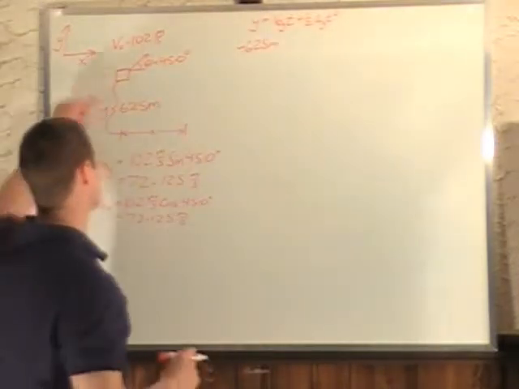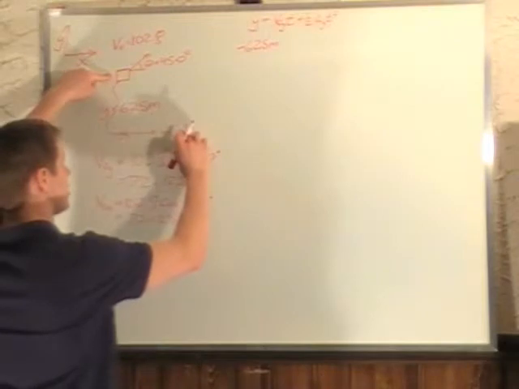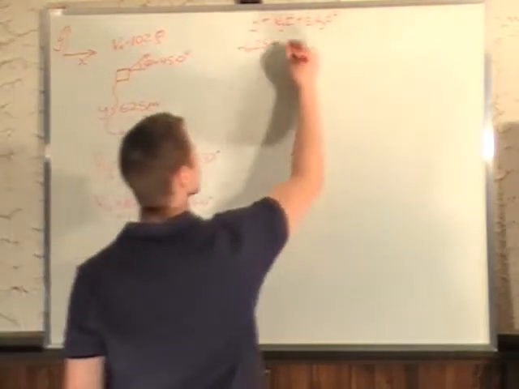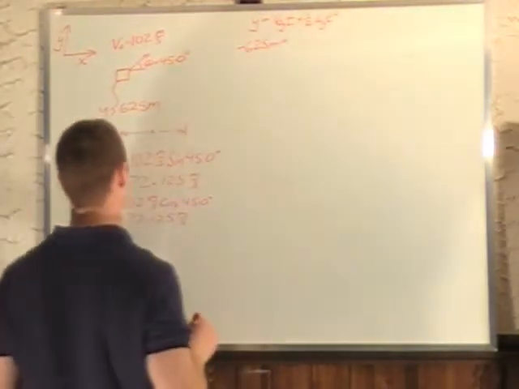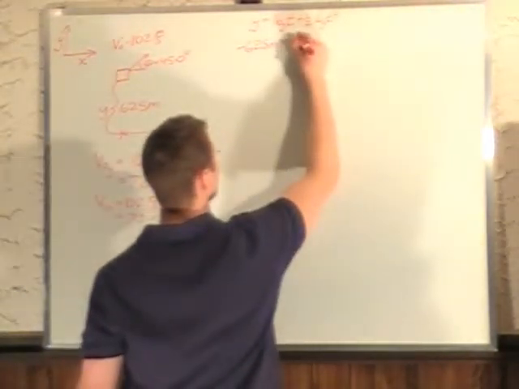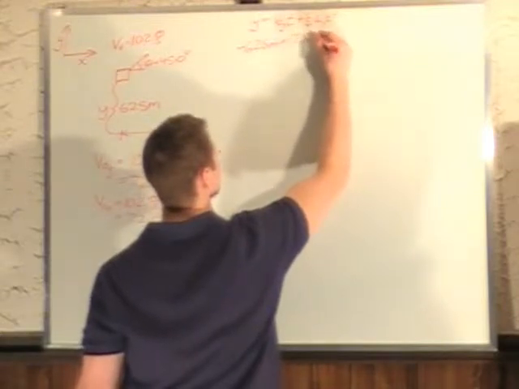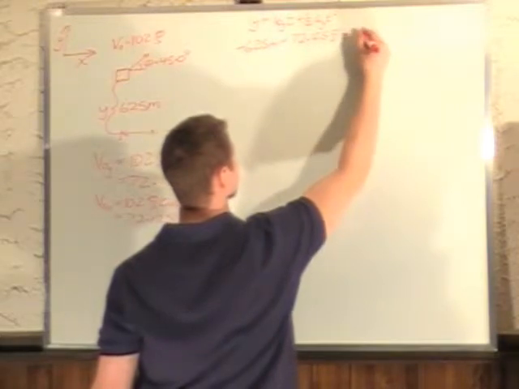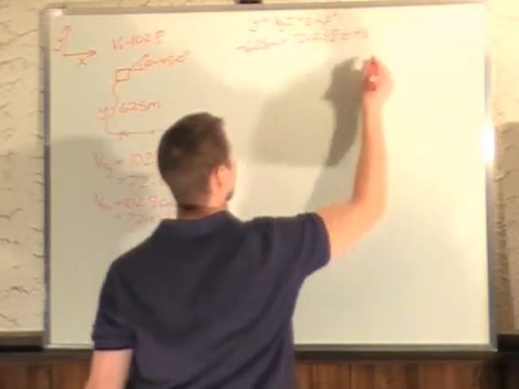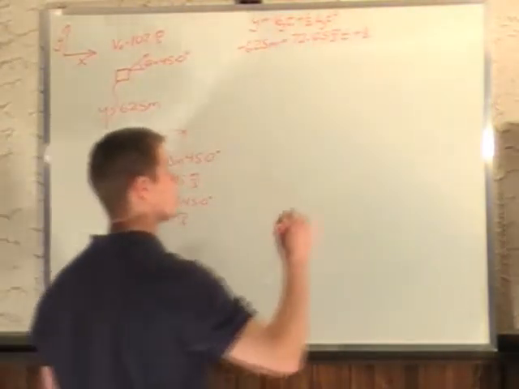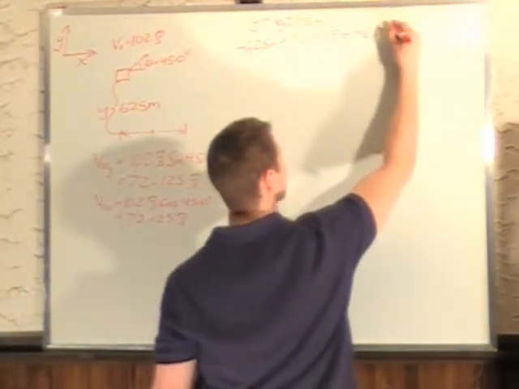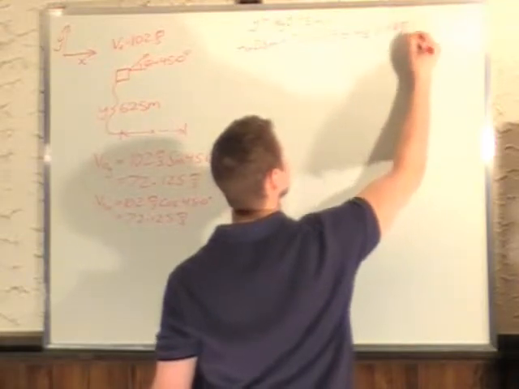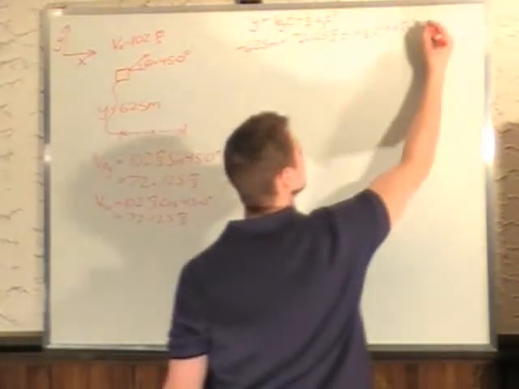It's negative because this is our initial position, this is our final position. We go down 625 meters. Initial velocity y is 72.125. It's 1/2 times the acceleration in the y direction, which is just negative g, minus 9.8 meters per second squared, times t squared.